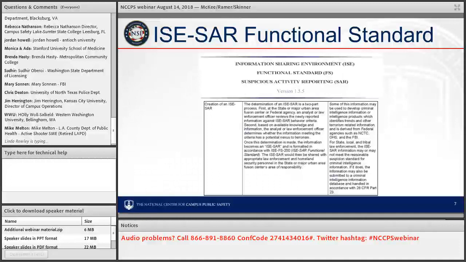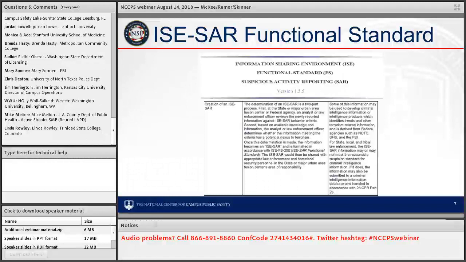We'll go over those, Monty will go over those in detail later on. And the other is whether it is potential activity that's pre-operational planning related to terrorism. So if it meets the two steps, one of the 16 behaviors, and you believe it's pre-operational planning related to terrorism, then it meets the standard for sharing the information.